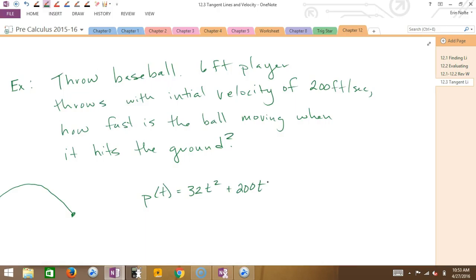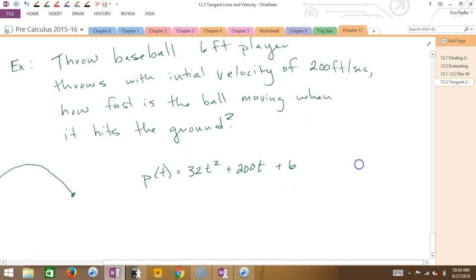That's the difference. What's my initial height? 6 feet. Okay, so how am I going to figure out how fast the ball is moving when it hits the ground? Which equation am I going to use to figure out how fast the ball is moving? Which one gives me speed?